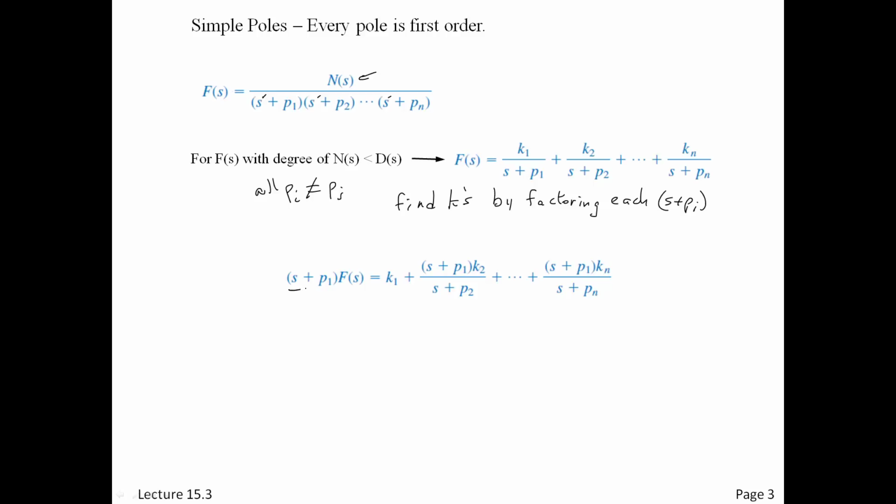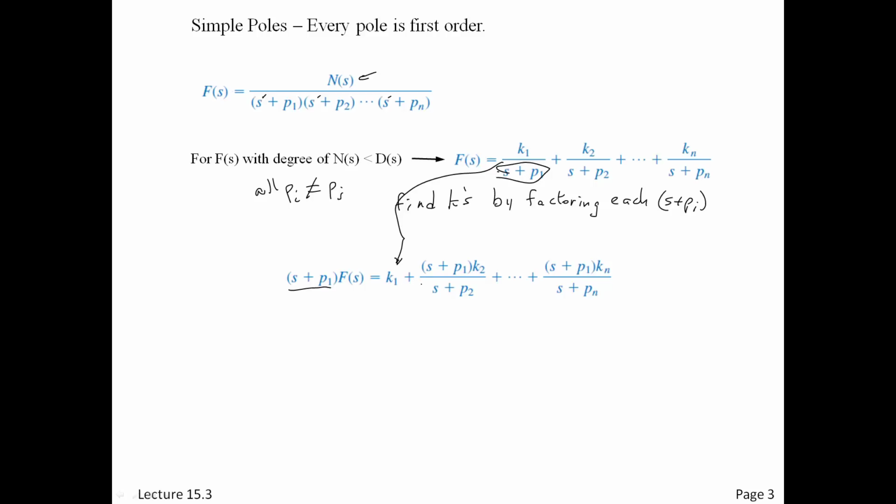Here I have factored out s plus pi, and if I do that out of the first term, right, what happens? If I take the first term here and I factor this out, what I'm left with is k1. Okay? If I were to multiply back or divide back through by s plus pi, I would get exactly back to this term.